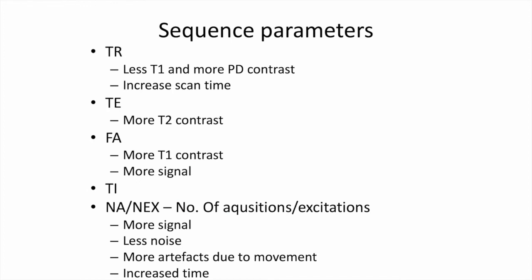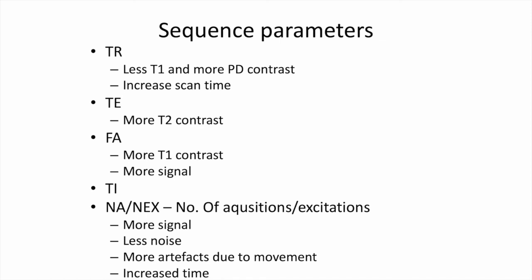There are certain parameters in each of these sequences which can be modified to change the image contrast, image quality, and imaging time. An increase in TR causes a reduction in T1 contrast with an increase in PD contrast.